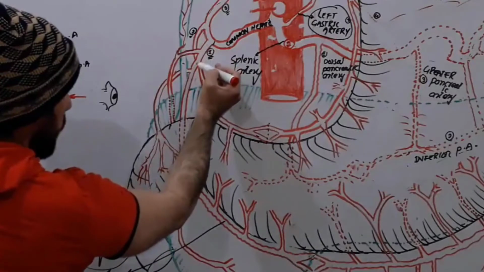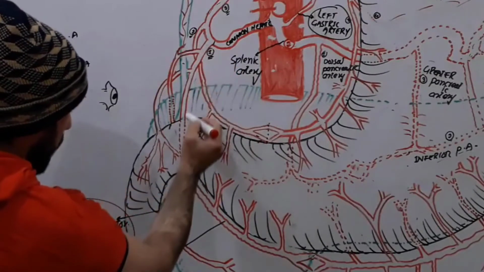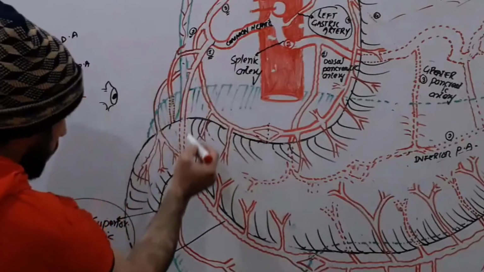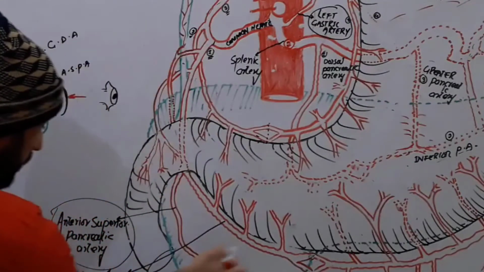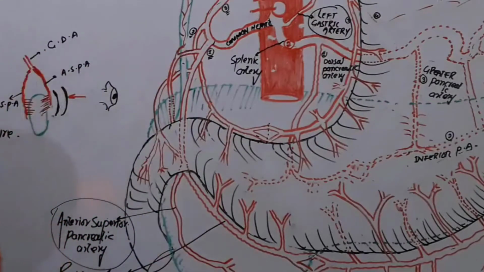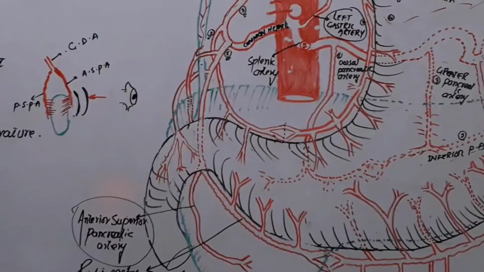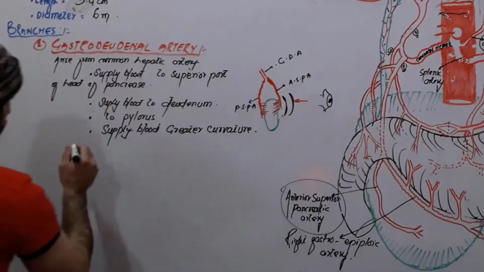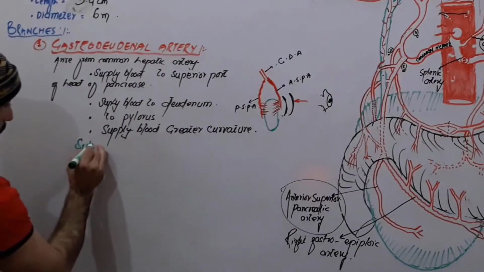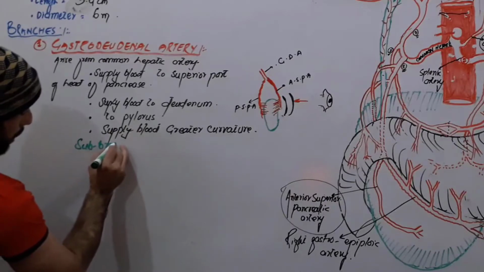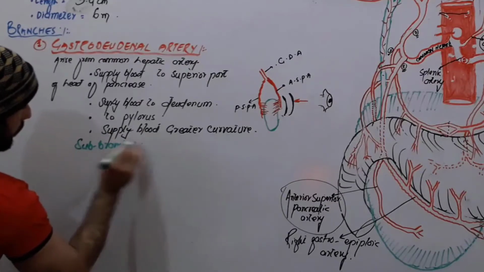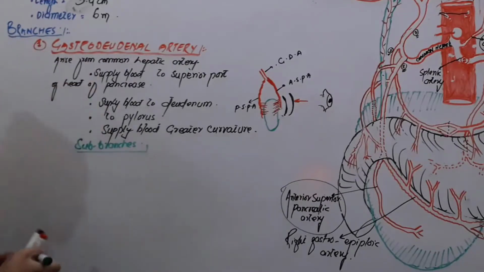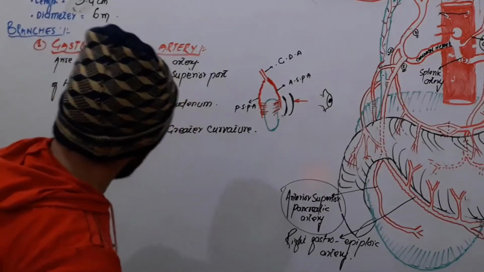Look, this is our gastroduodenal artery, and it gives branches, the right gastroepiploic artery and the anterior superior pancreatic artery. So let me mention the sub-branches of the gastroduodenal artery.